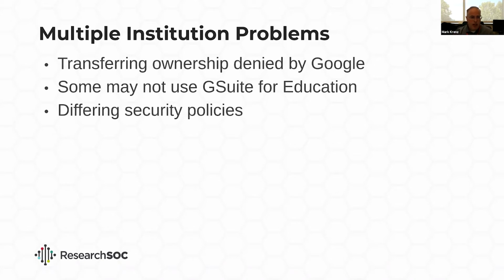And differing security policies. One institution could have two-factor turned on, the other one might not. This was a problem that we had within Trusted CI, where we have a policy saying that you have to have two-factor authentication turned on your Google Drive account if you're going to have access to a special folder.